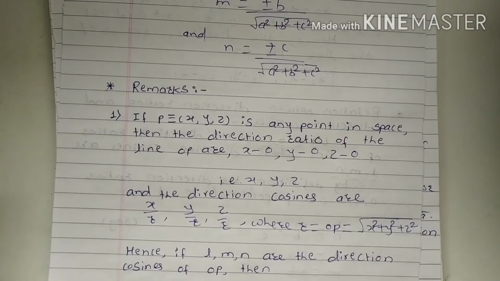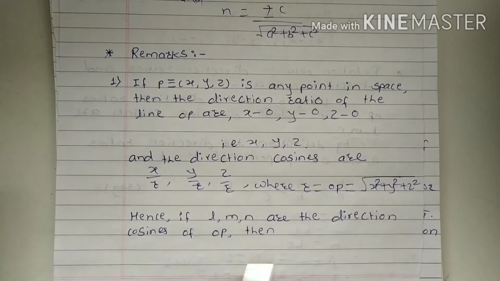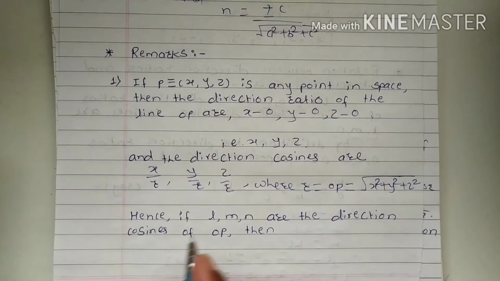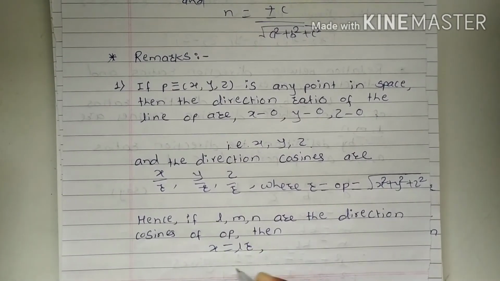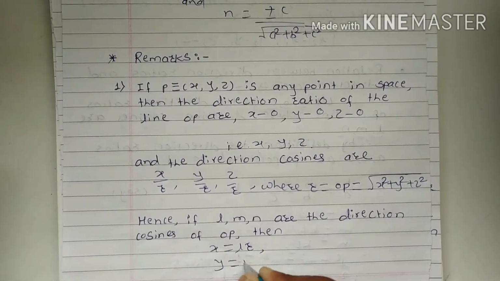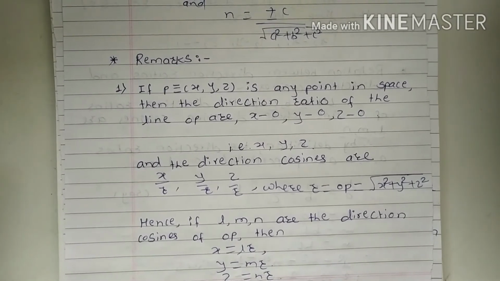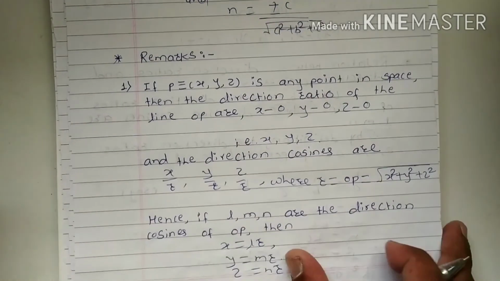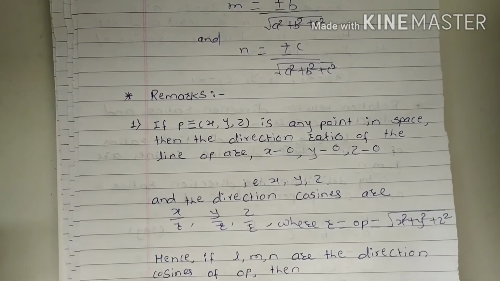Hence if l, m, n are the direction cosines of OP, then we write x is equal to l into r, y is equal to m into r, and z is equal to n into r.